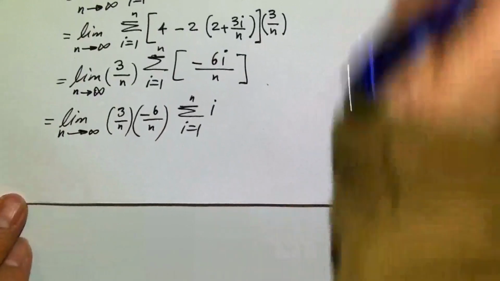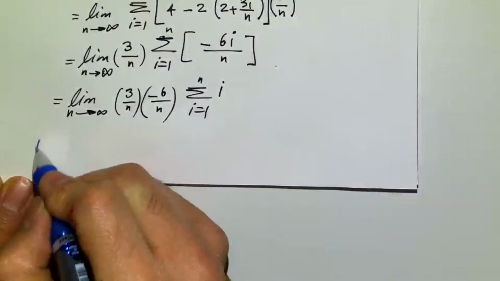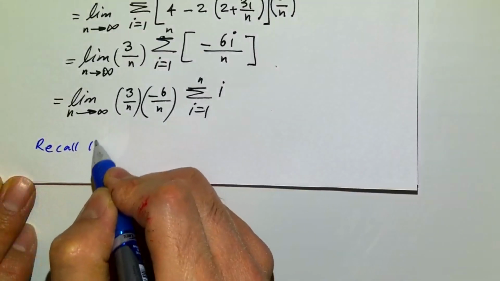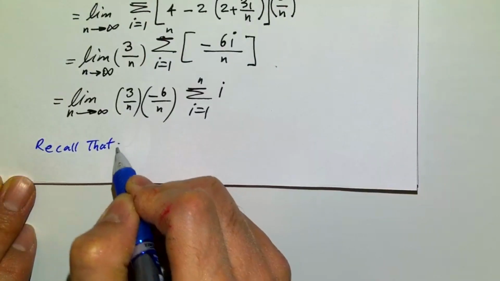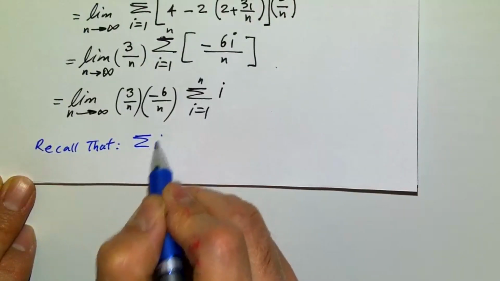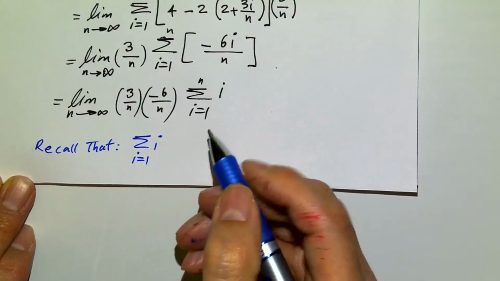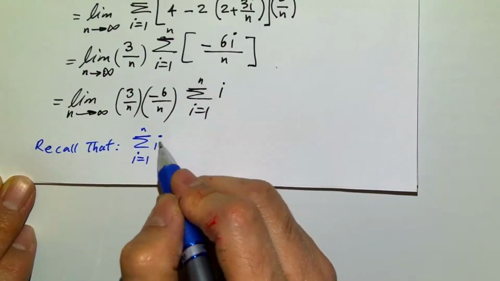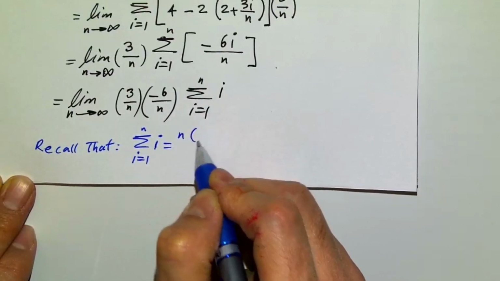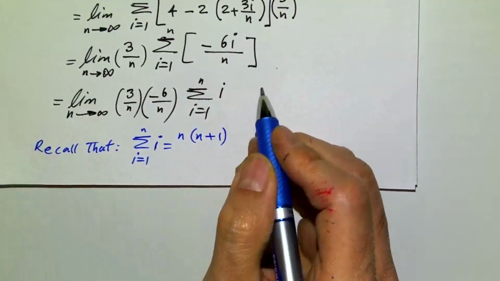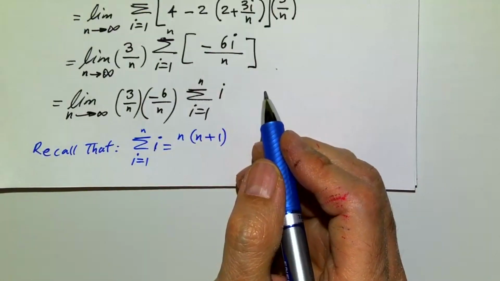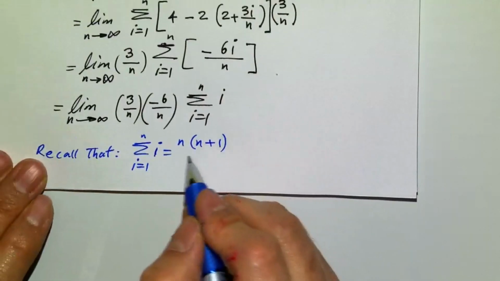So recall that the sum of i from 1 to n is equal to n times n plus 1 over 2.